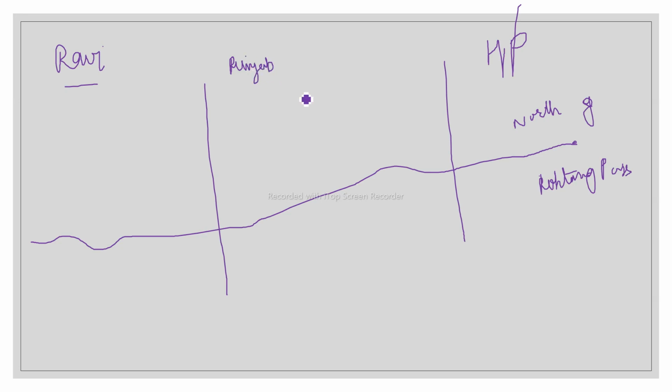And in Punjab there is a very important dam called Ranjit Sagar Dam. Okay, so Ranjit Sagar Dam is an important dam. Then we have another dam after Ranjit Sagar Dam in Punjab itself, known as Shahpur Kandi Dam. Again an important one, asked in exams.